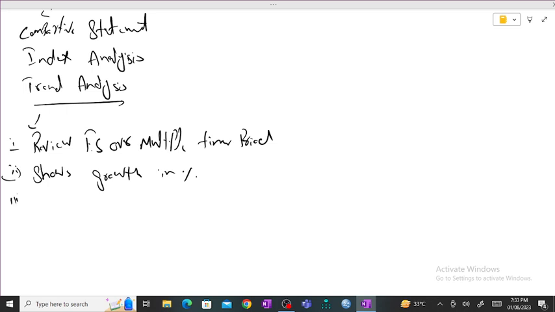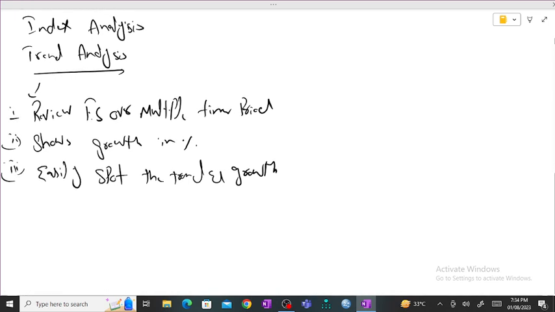Third, it allows financial statement users to easily spot the trend and the growth. We will do some practical work to understand whatever I'm writing here. We'll solve a few questions, then you will get a better understanding of these terminologies.